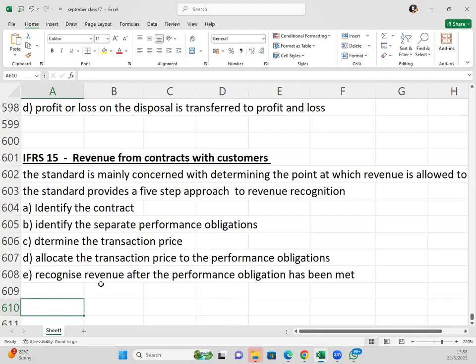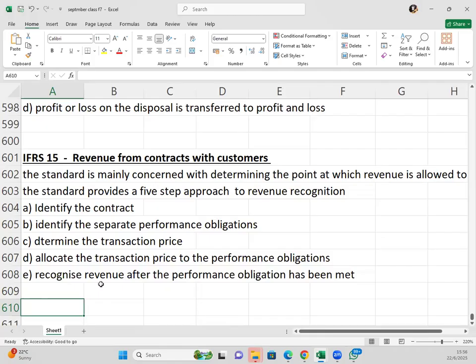Now, let's look at it one by one. For us to recognize revenue, there is a 5-step approach that you need to consider. So let's start with the first one.